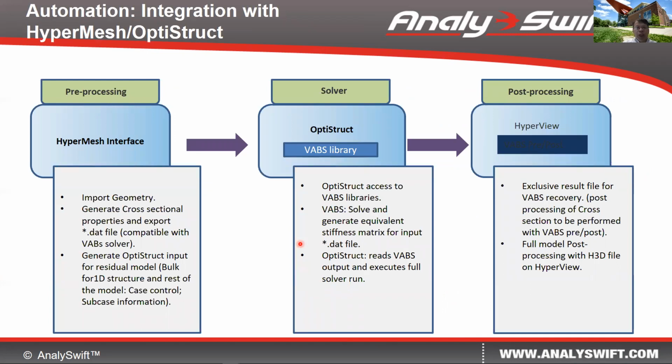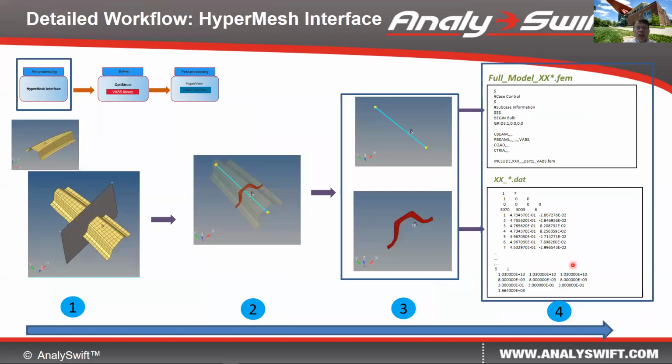And we recently integrated VABS with Altair products, particularly HyperMesh, OptiStruct, and HyperView. We use HyperMesh as the pre-processor, VABS as a solver for OptiStruct, and HyperView to visualize the results. Regarding the details, for example, we could have a channel section. We create this model in HyperMesh, then we do a section cut in HyperMesh.